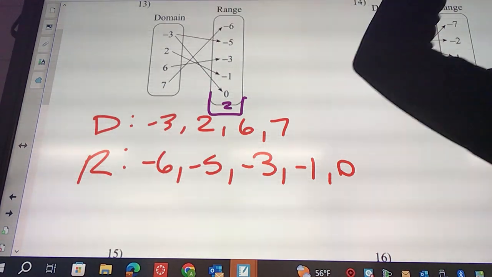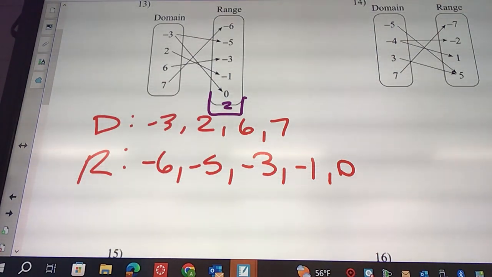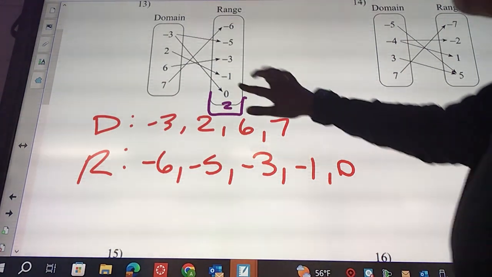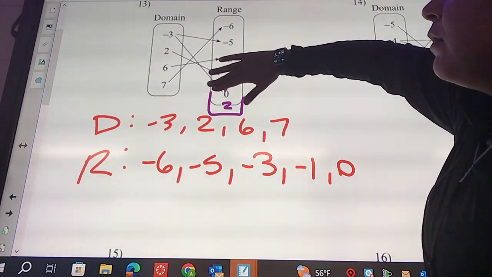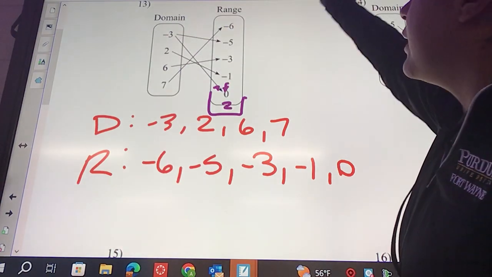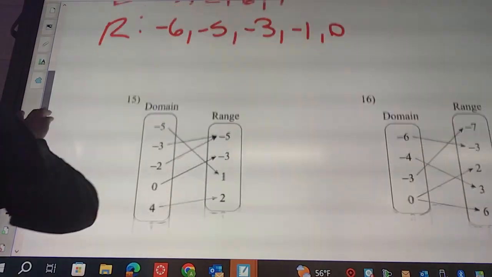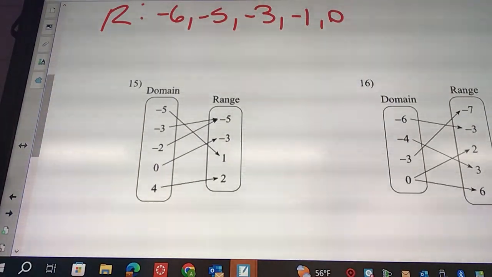If we're looking at a big graph, there's 2's on the graph, yeah? Does that mean that a dot was on 2? No. So if no arrow was going to the 0, then that's not part of the range. So you have to make sure that they all have some sort of arrow with it. That's the only, I don't even say trick there, but.